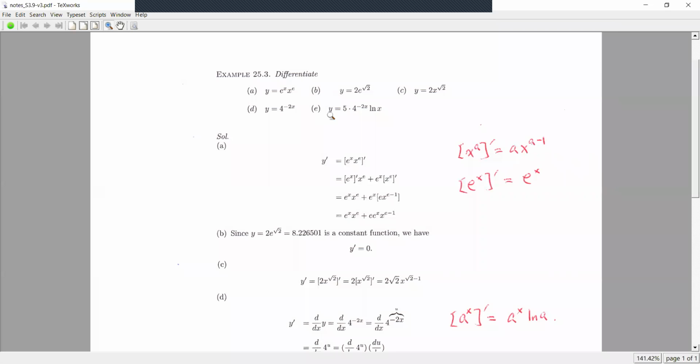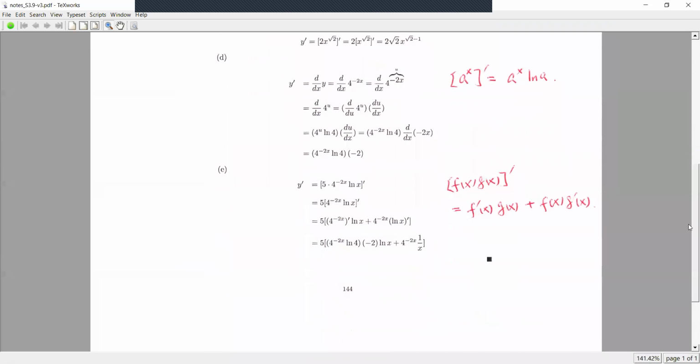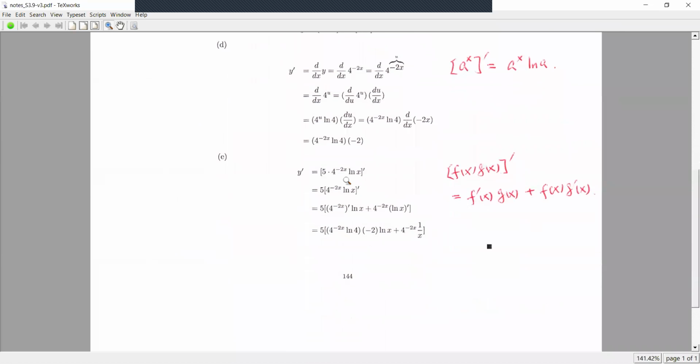Part E. The function in part E is a constant times a function times another function. To compute the derivative of the function, I apply the product formula. Now, take the derivative of the function. I first move out the constant to get this equation.